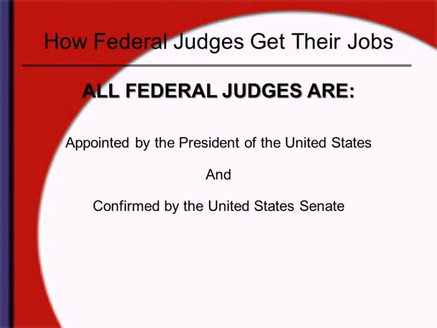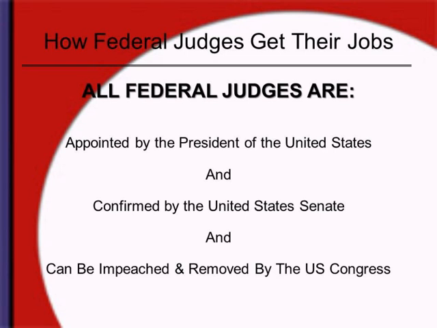Now, judges are also appointed for life, but you'll notice I put in parentheses, during times of good behavior. What that means is that if a judge does something wrong, the President can't fire him, the people of the United States can't fire him, but Congress has the power to impeach a judge.